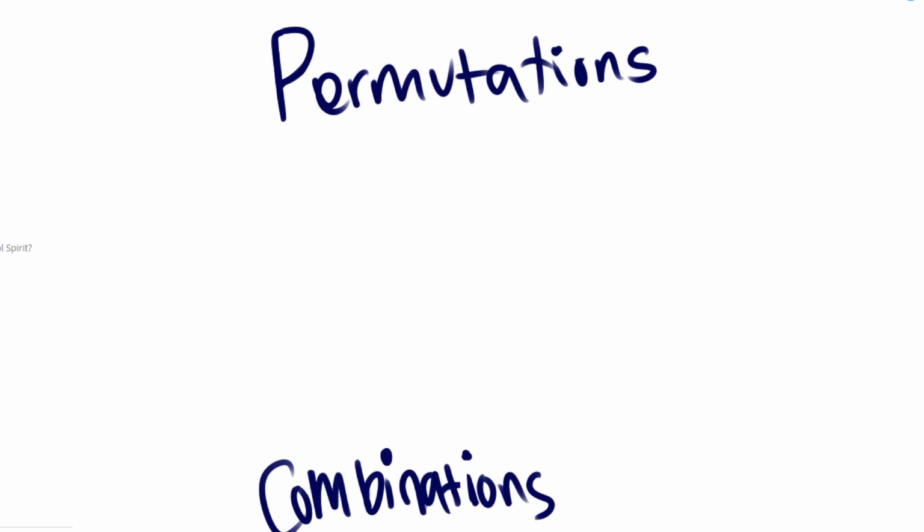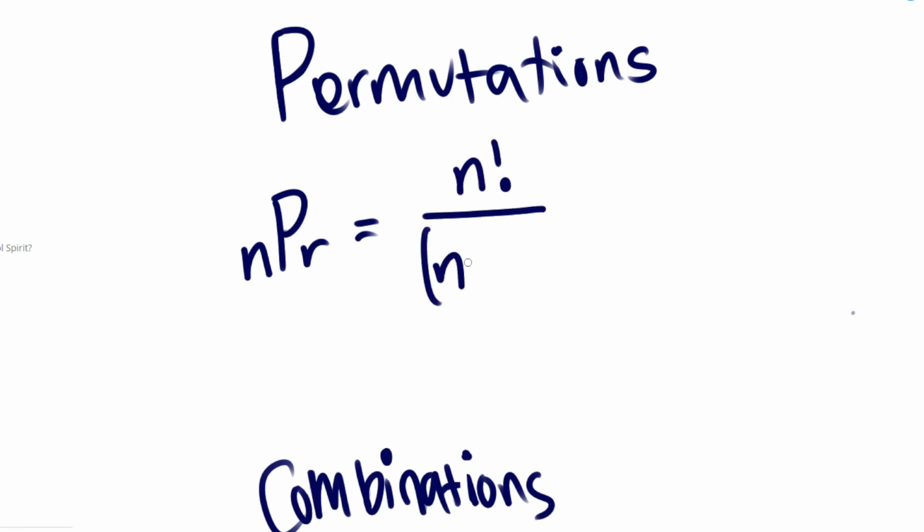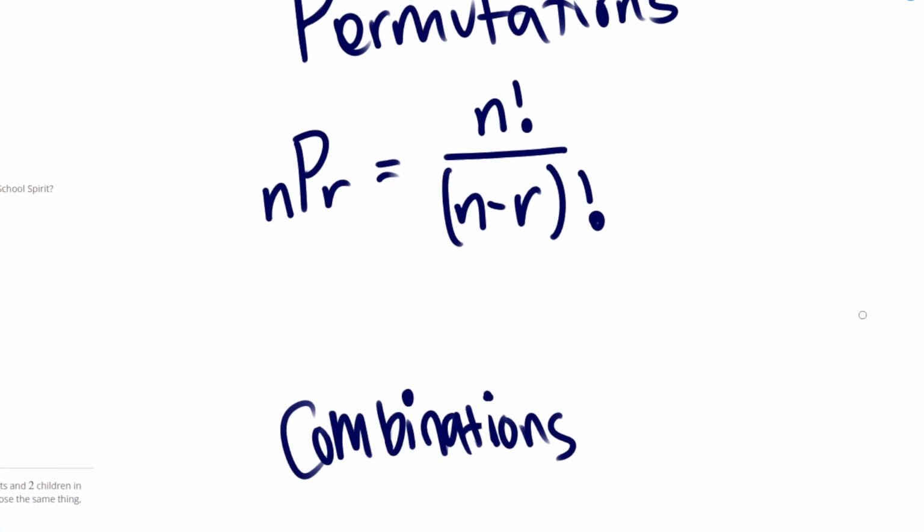The 2 formulas for these are, for permutations, represented like this: nPr, and it is n factorial on the top, over n minus r, in parentheses, factorial of that. The n in both combinations and permutations stands for the number of items that you have, and r is the number of items that you choose.